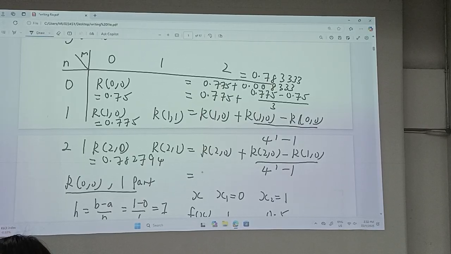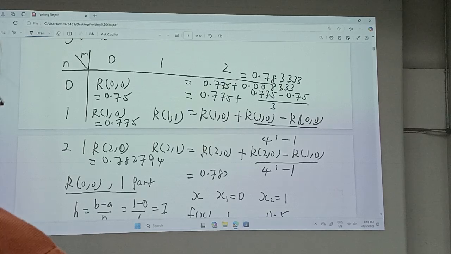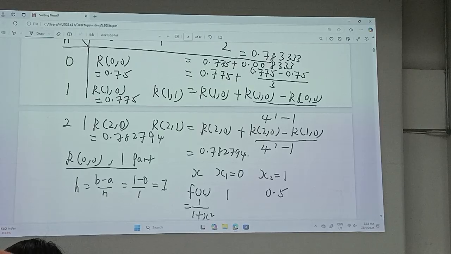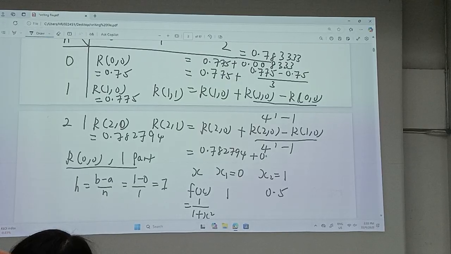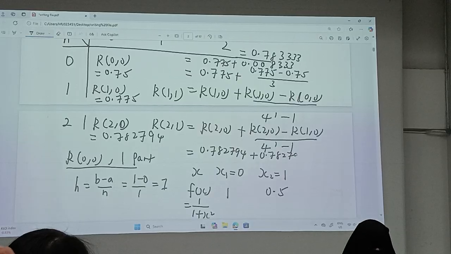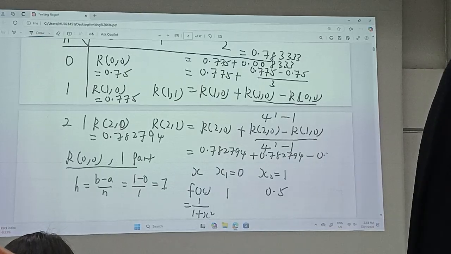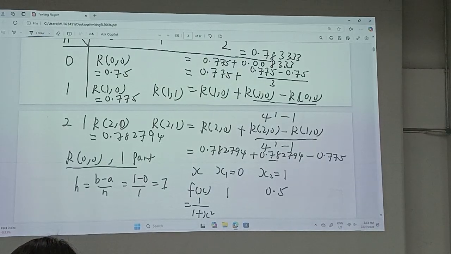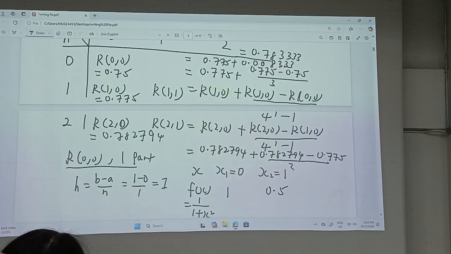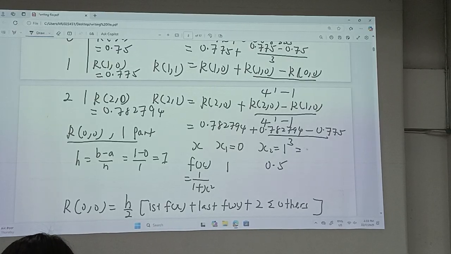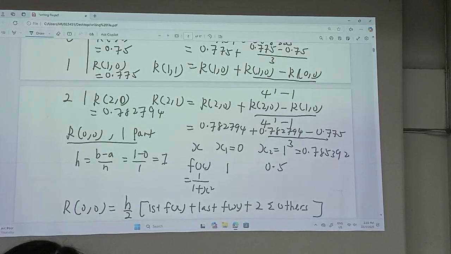Okay, so R20 equal to 0.782794 minus R10 equal to 0.775 over 4 minus 1 equal to 3. Okay, so press calculator, you will get 0.785393.